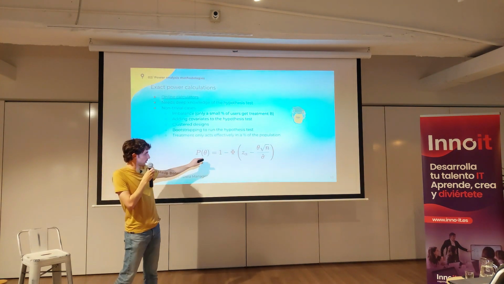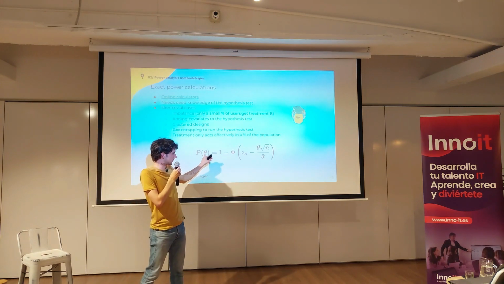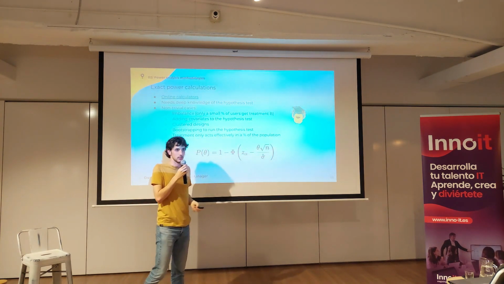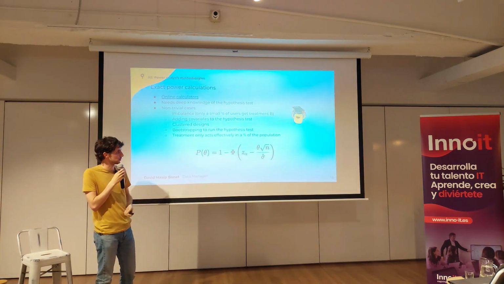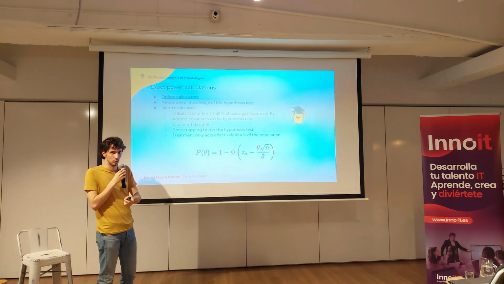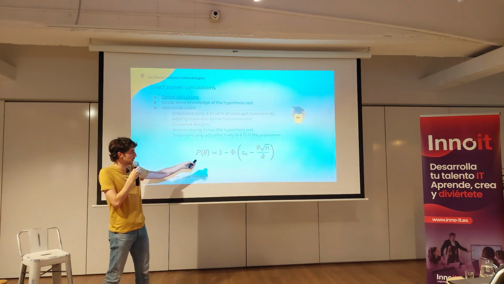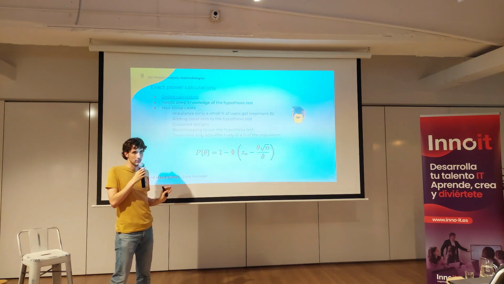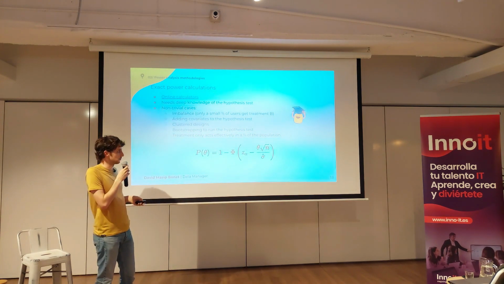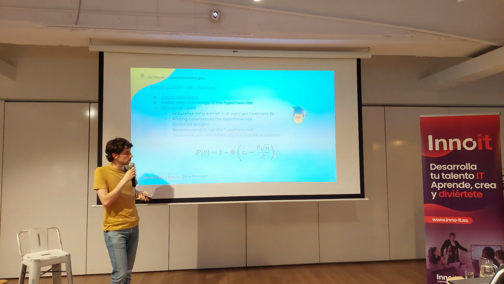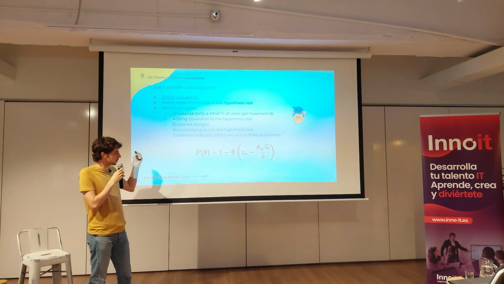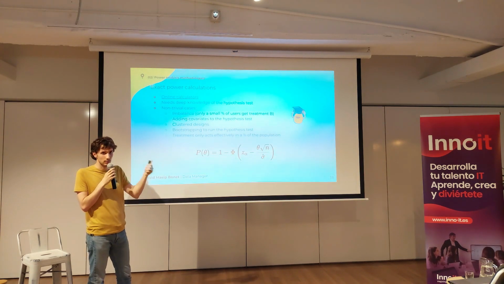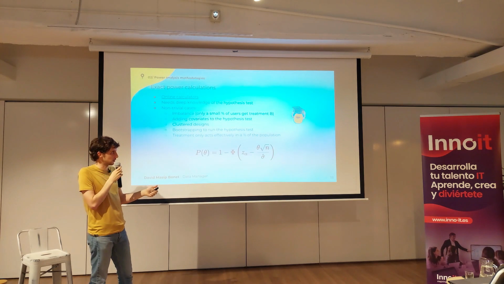So this will give you the power given an effect, which is this theta, and the number of observations. You can map this number of observations to days in your experiment, and then get power, and you're going to be able to draw these lines. So this you can do. The only issue with this is that it makes a lot of assumptions. So it assumes that you're going to run a t-test in the end to compare the difference in means.